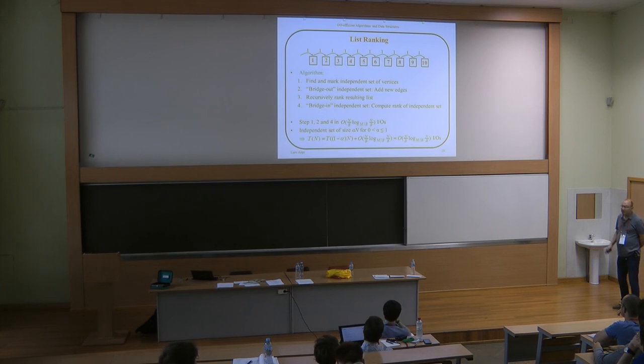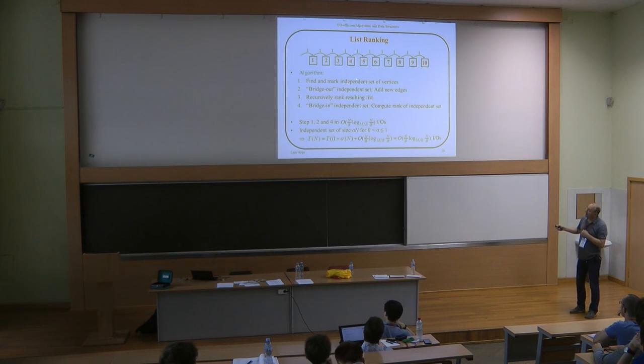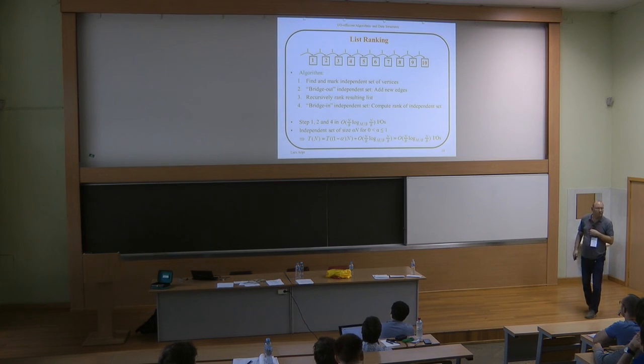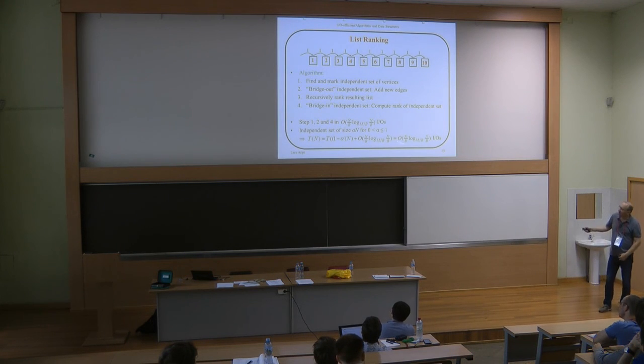So I have two things I need to show you now. I need to show you that I can find the independent set of some fraction of the elements, and that I can do the bridging out and the bridging in in the sorting bound. If I do that, then I get a sorting algorithm.